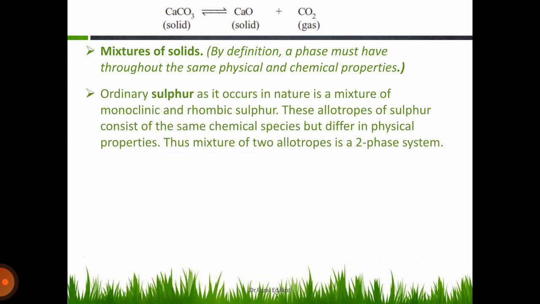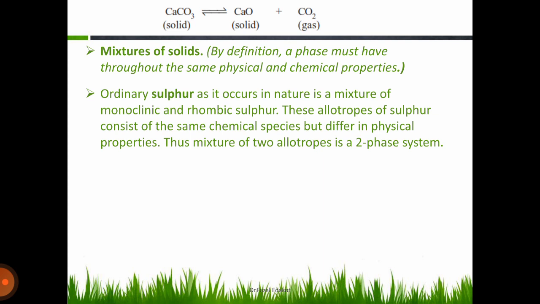That's the point. So ordinary sulfur, if you take, I'm taking your thoughts into a different direction. Ordinary sulfur, as it could occur in nature, is a mixture of monoclinic and rhombic sulfur. We are talking about the allotropes. These allotropes of sulfur consist of the same chemical species but different physical properties, because they are different allotropes.